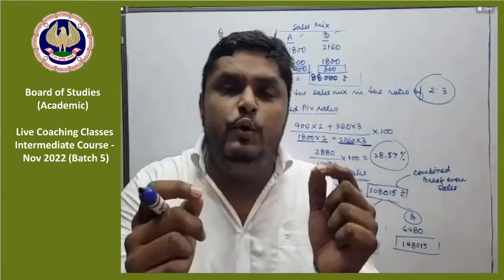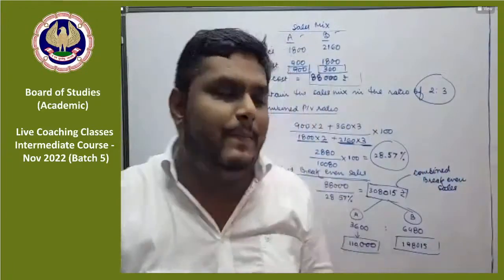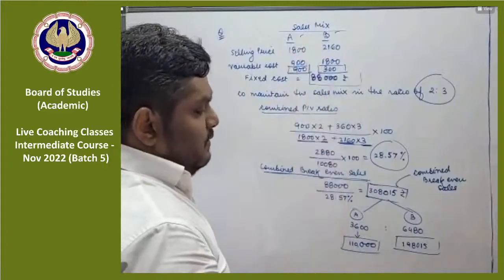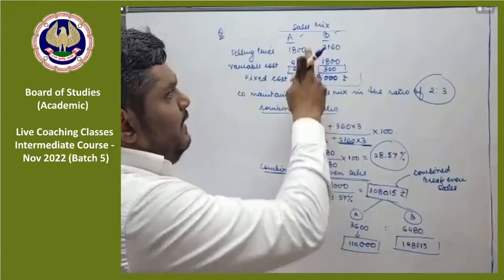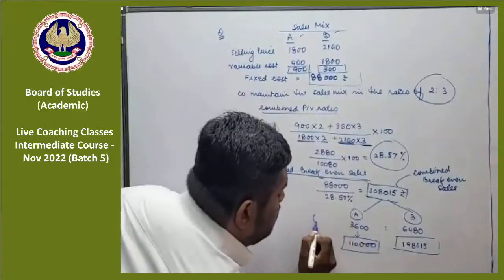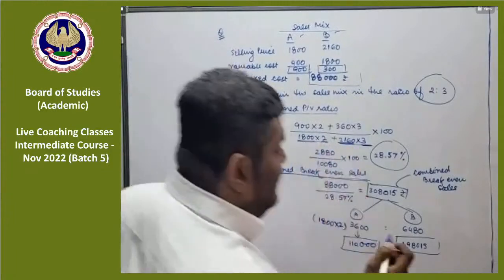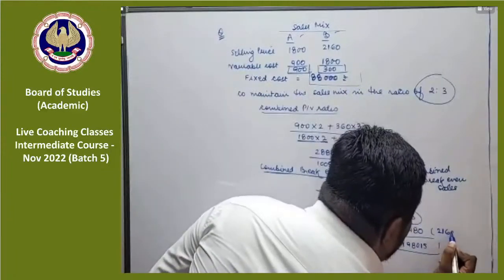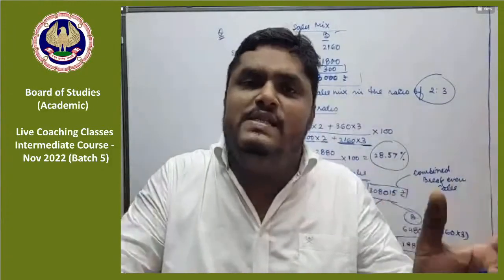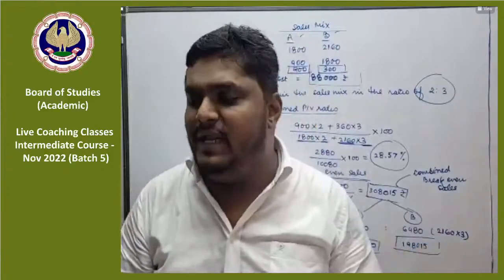It will be distributed in the ratio of sales, that is weightage will be given to the quantity as well as the price. So the selling price 1800 into 2, that is the weightage, so 3600. And 2160 into 3, that is 6480. So the break-even sales will be distributed in the quantity as well as the price ratio to get the individual break-even sales.